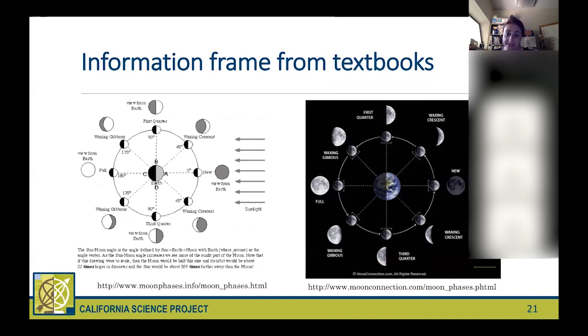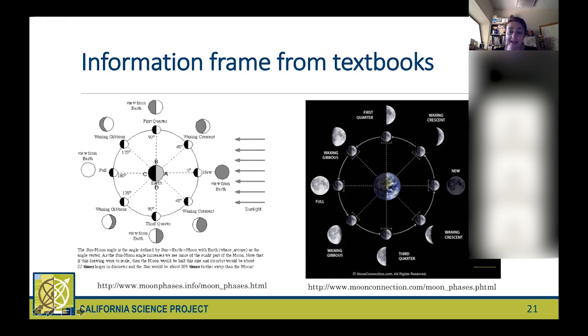But unless I'm asking them to really make sense of these images, I don't really know what's going on in their heads. So both frames are necessary. I can even provide students existing models, but the students need to work out how these models are possible.